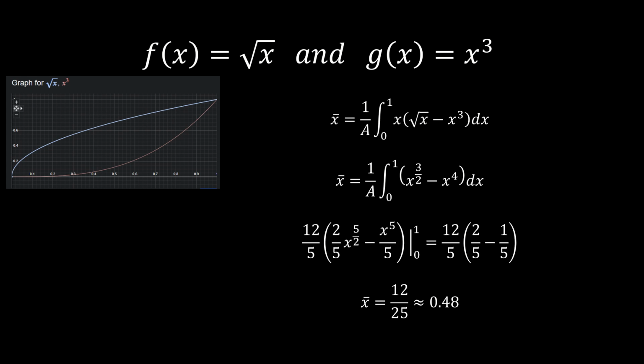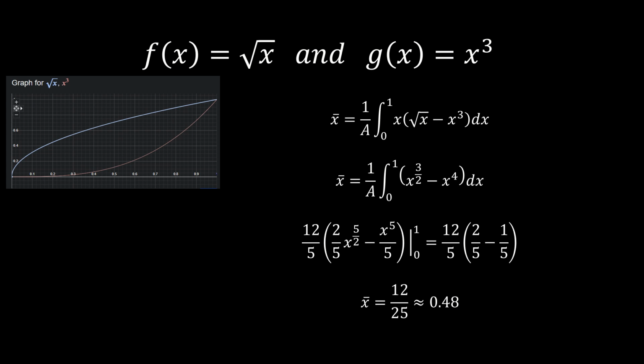What we would have is the integral of x to the 3 halves minus x to the 4th. And that's simple to do using the power rule. We're going to have 1 over our area, so 1 over 5/12 becomes 12/5 multiplied by the quantity of 2/5 times x to the 5 halves minus x to the 5th over 5.